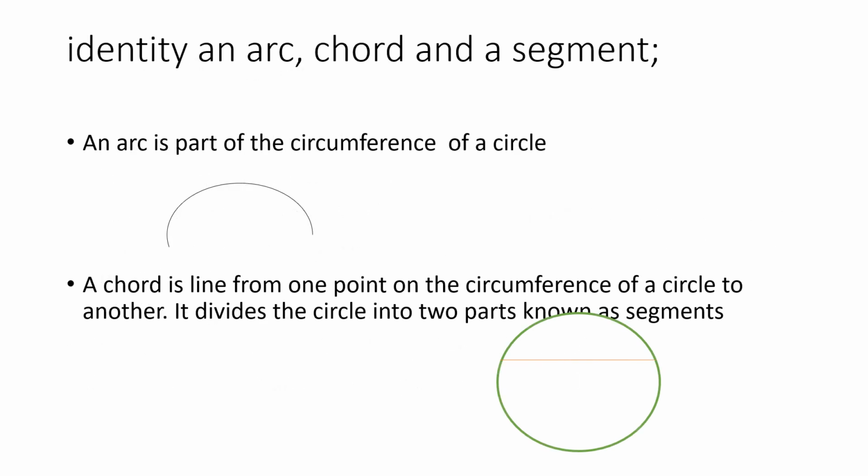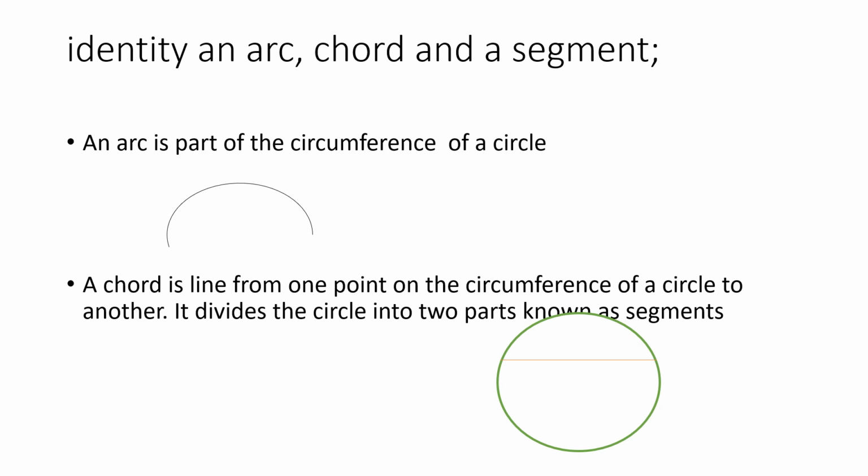You should be able to identify an arc, chord, and a segment. An arc, as you can see in this diagram, is part of the circumference of a circle. A chord is a line from one point of the circumference to another.